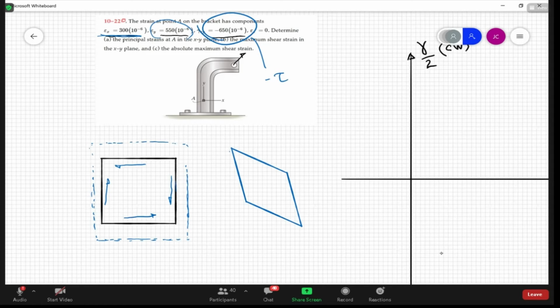Now, let me see if I can kind of draw this on here. Maybe I can do it with the ruler. Hold on a second.